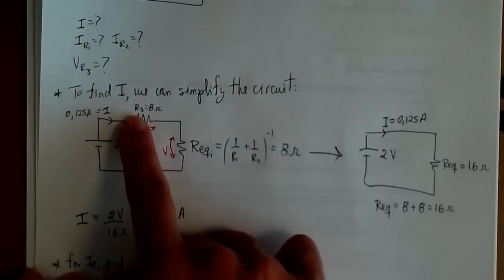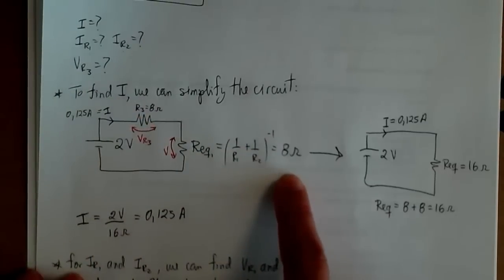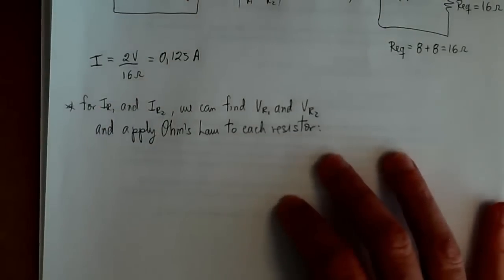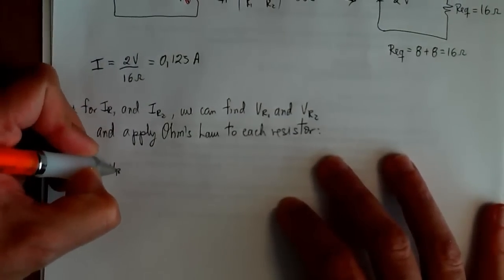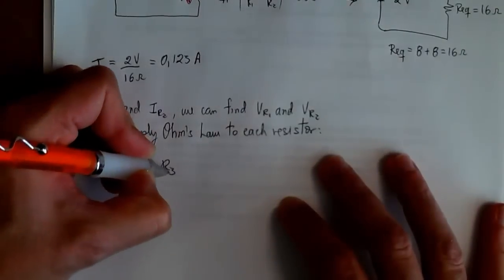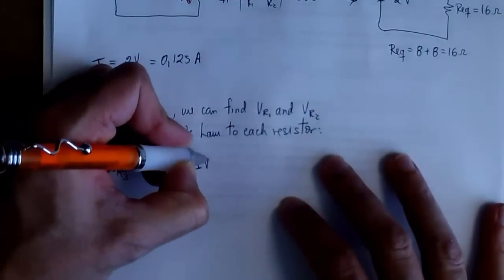We have two resistors in series, 8 ohms and 8 ohms. Now we can find VR3 just by taking the current and multiplying by R3, which gives us 1 volt.